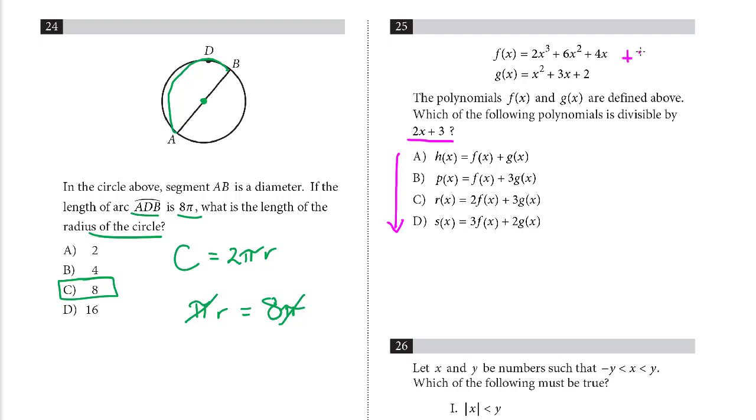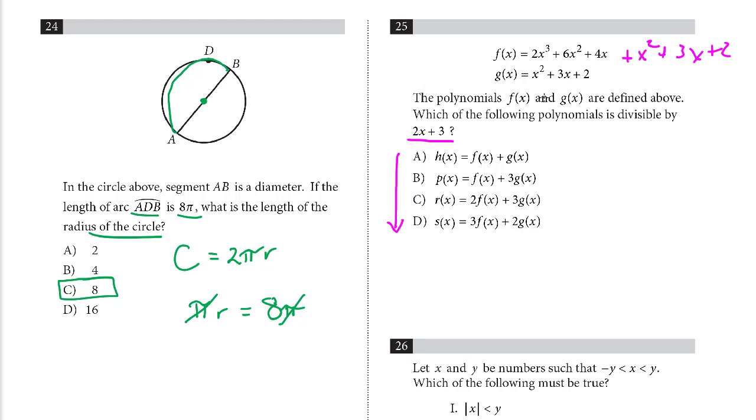I would add the x squared plus 3x plus 2 to the 2x cubed plus 6x squared plus 4x, and then I'd combine my like terms, and then I would check if it's divisible by 2x plus 3 using my factor theorem or polynomial or synthetic long division, whatever method. So in theory, that will work. In practice, that's going to take a heck of a lot of time unless my answer is one of the first one or two answers that I check. I think we can find a better way here.